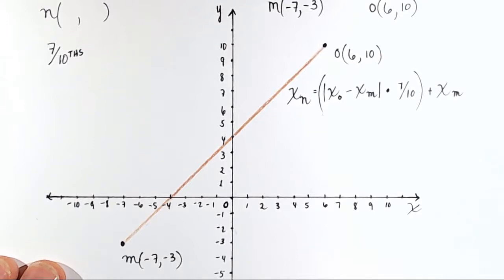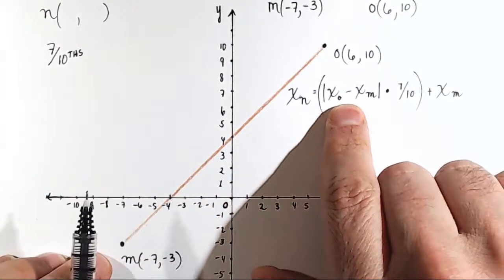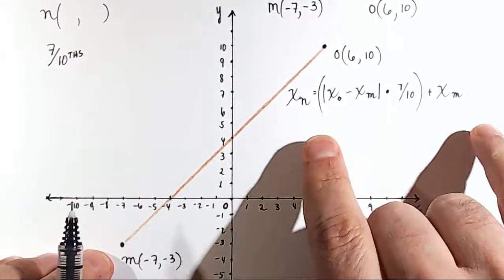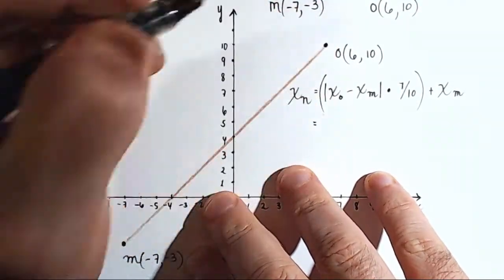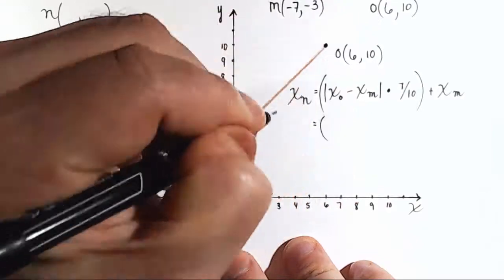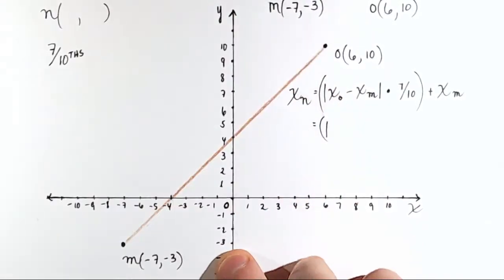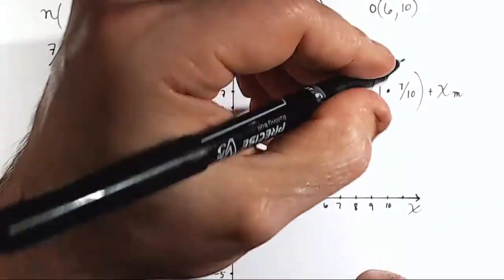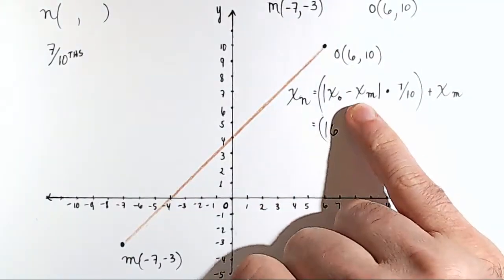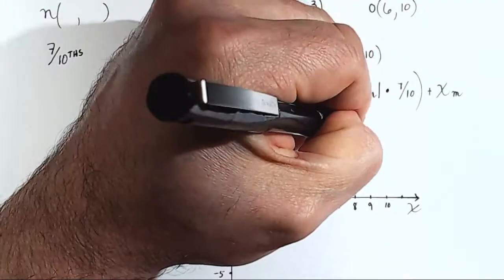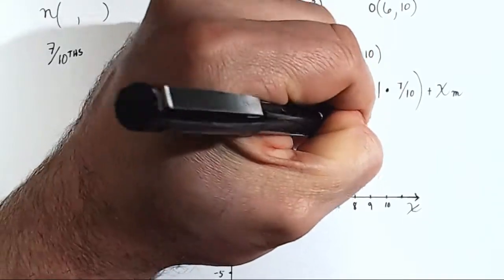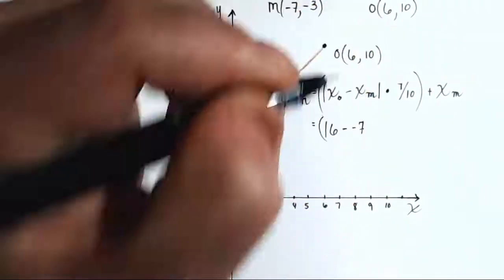So let's just work it out. Let's plug in x sub O and x sub M and find out what we get. So here we're going to equal to, open parentheses, absolute value, x sub O would be 6 minus x sub M, which would be negative 7. So that's 6 minus negative 7.